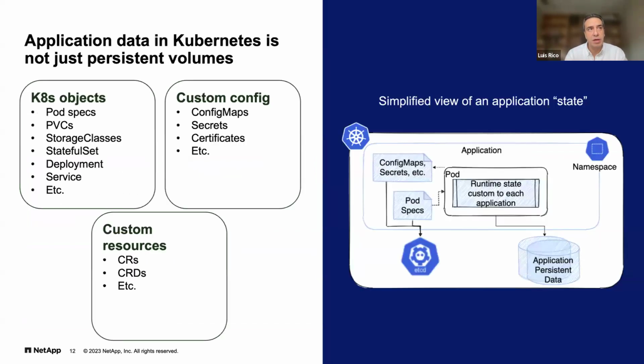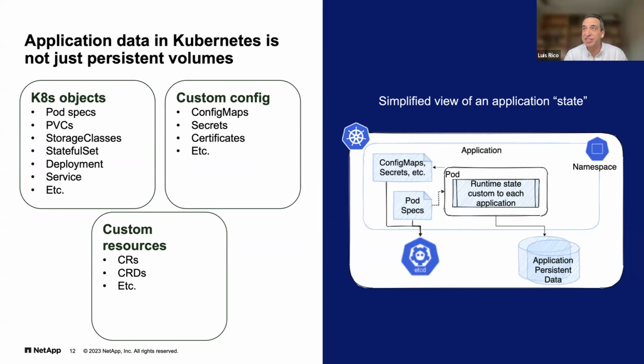Okay. But it's not only Trident, not only storage provisioning, we also need to provide data protection for OpenShift clusters and Kubernetes clusters.